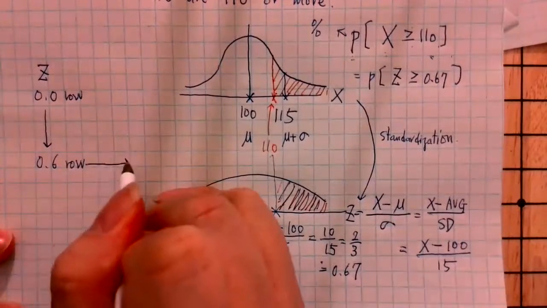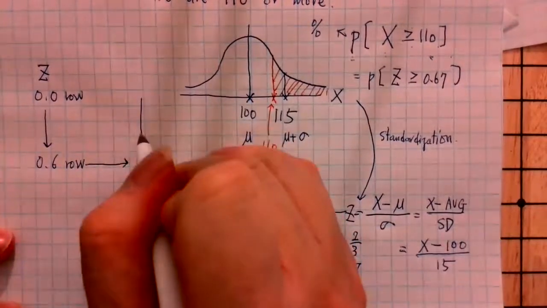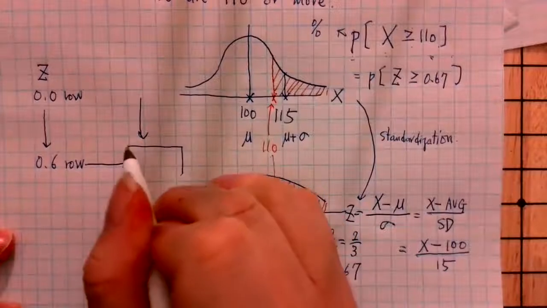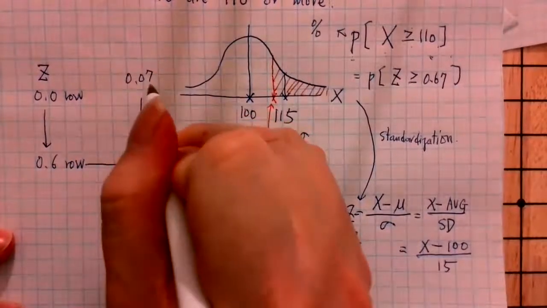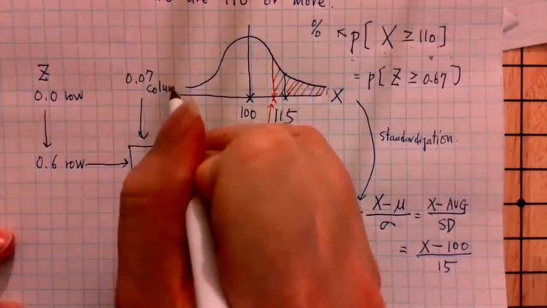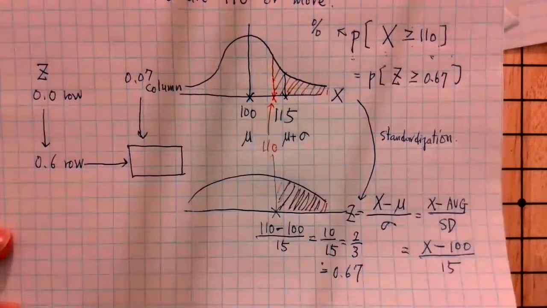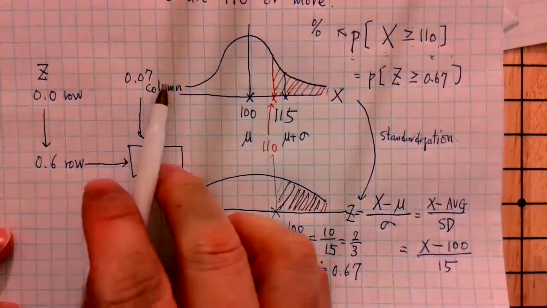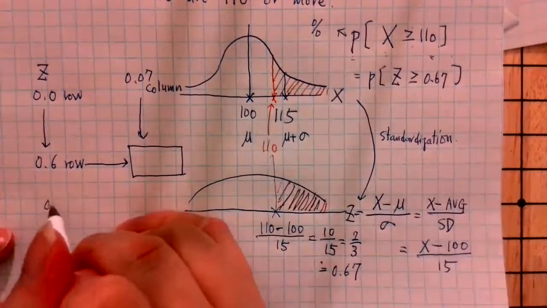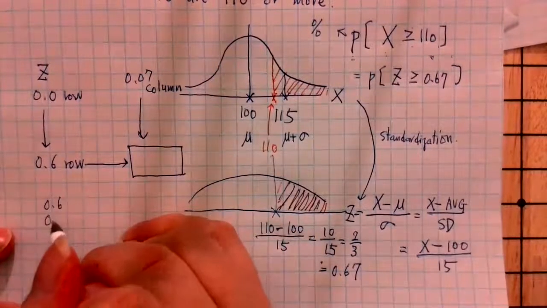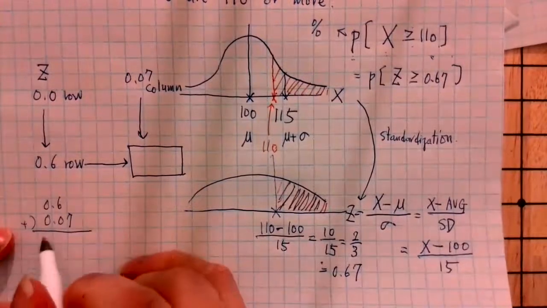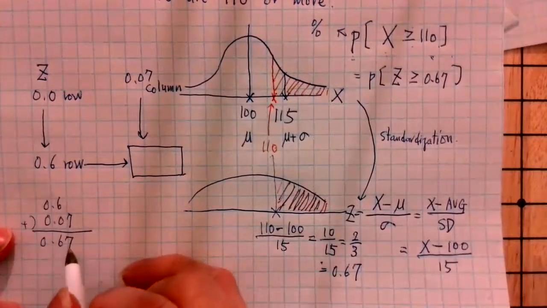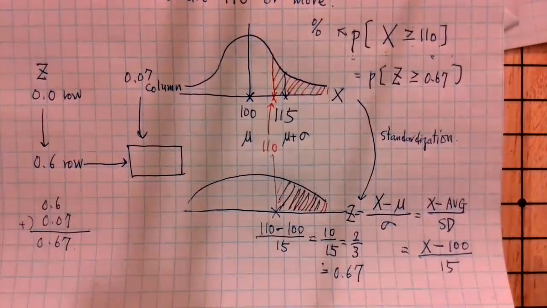Then you move on, and you stop when the position intersects with the 0.07 column. Look at here, 0.6 row plus 0.07 column. They add up to what? They add up to 0.67. This is how the standard normal table is designed.